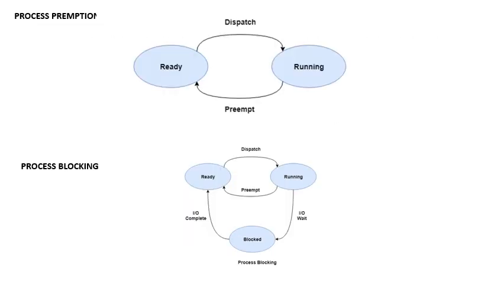Next we move to process preemption. What is process preemption? Preemption is a mechanism to suspend a process which is currently executing.